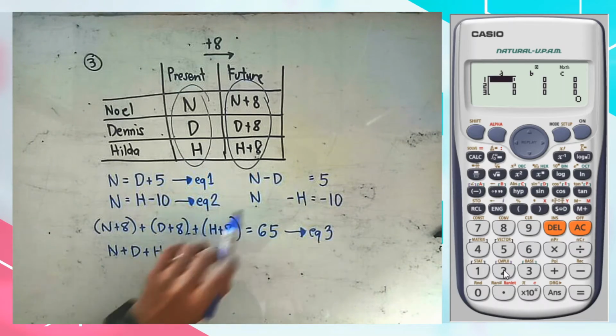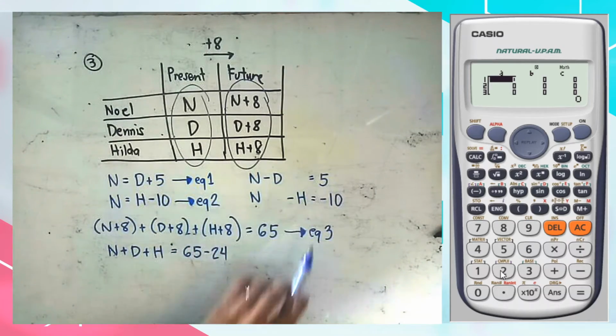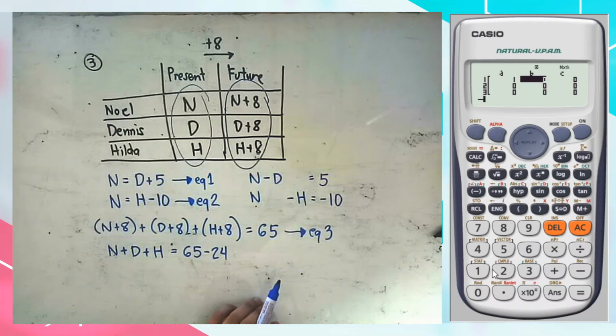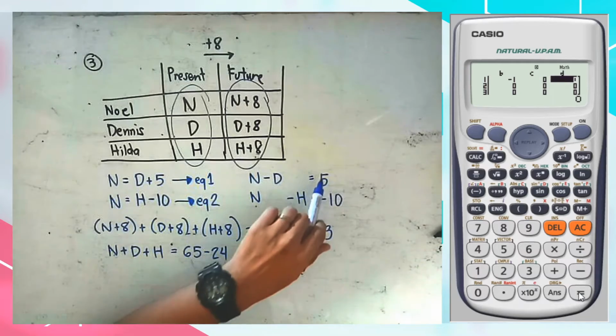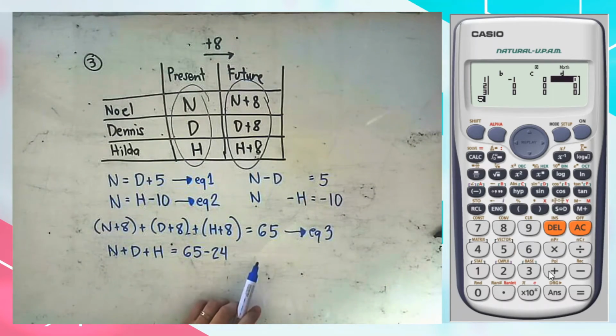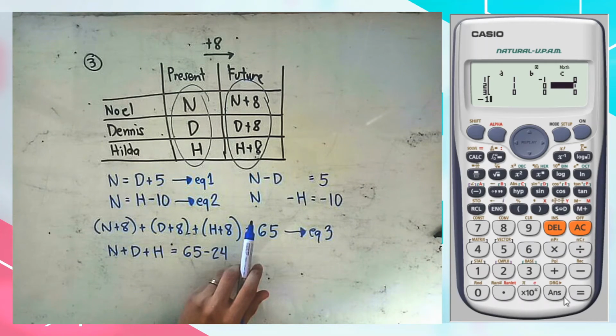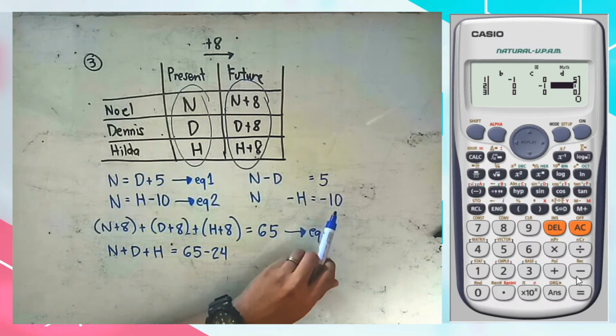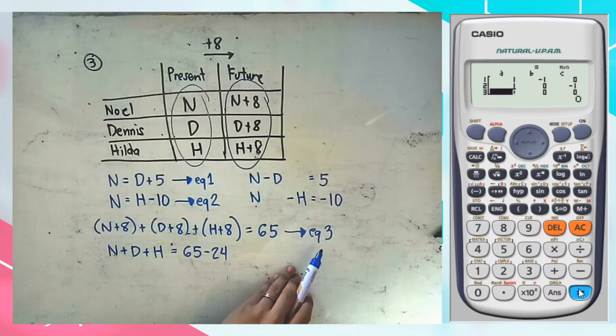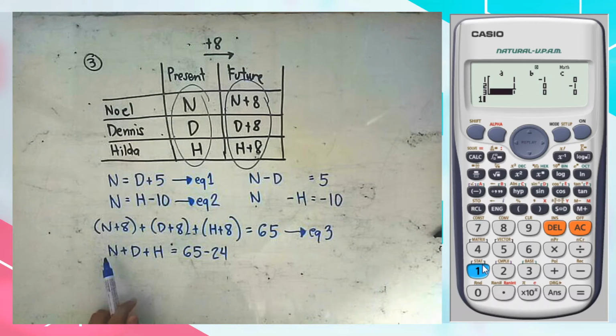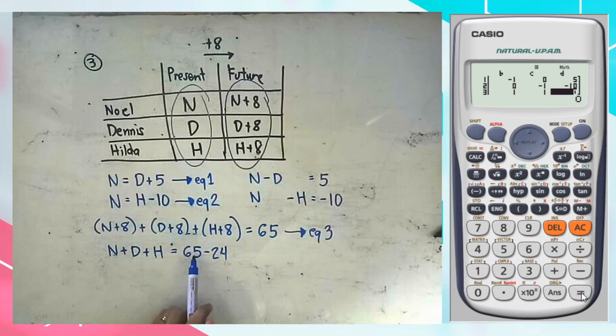This is the first: 1, negative 1, 0, taking the leading coefficients, and then the constant, 5. Next is 1, 0, negative 1, and then negative 10. And then this is the last equation: 1, 1, 1, and the constant is 65 minus 24. So let's have the calculator solve that.